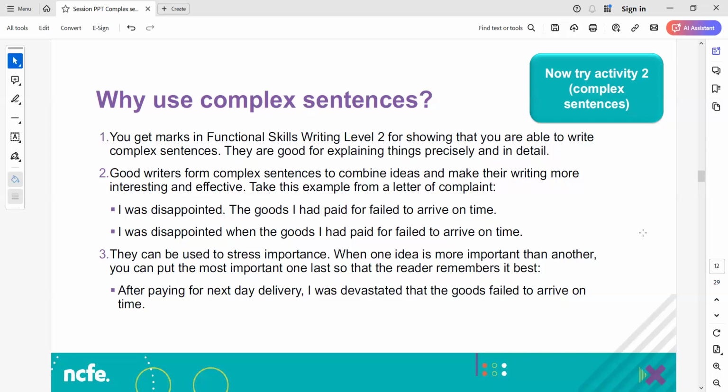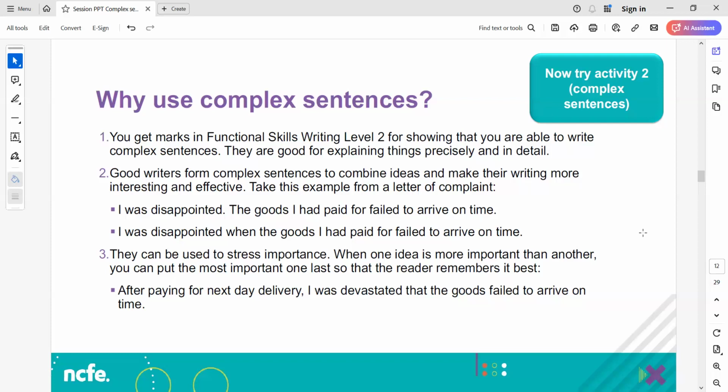Complex sentences can be used as well to stress importance. When one idea is more important than another, you can put the most important one last, and then the reader will remember it. After paying for next day delivery, I was devastated that the goods failed to arrive on time.